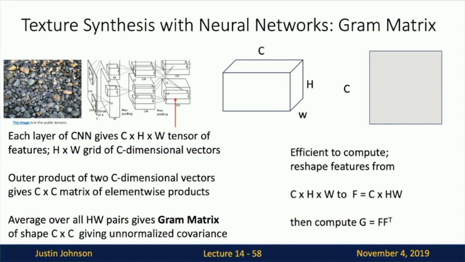The idea is that this gram matrix is a descriptor telling us which features tend to co-occur at different positions in the image, but it throws away all of the spatial structure of the input image. So we can perform texture synthesis using neural networks by trying to match the gram matrix of some target image using gradient ascent.